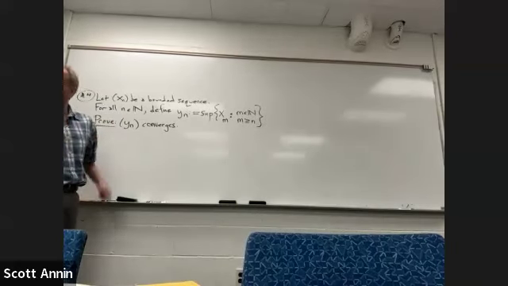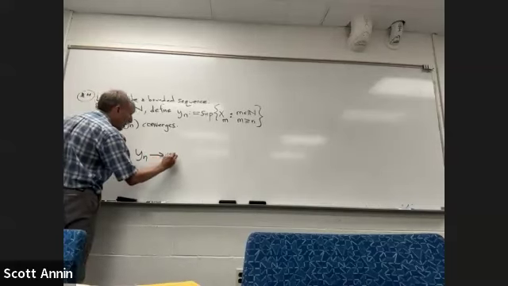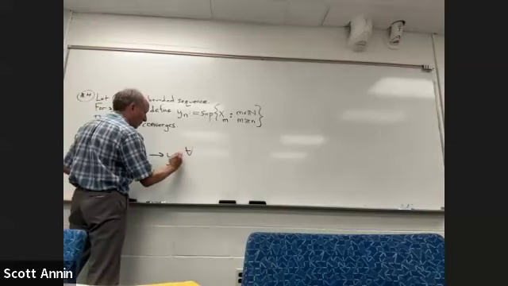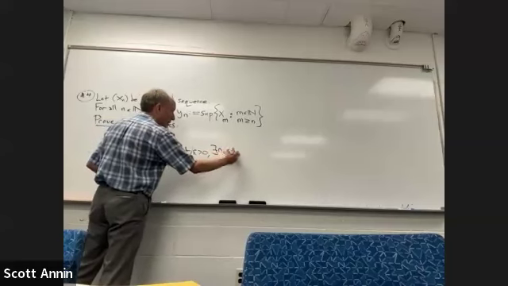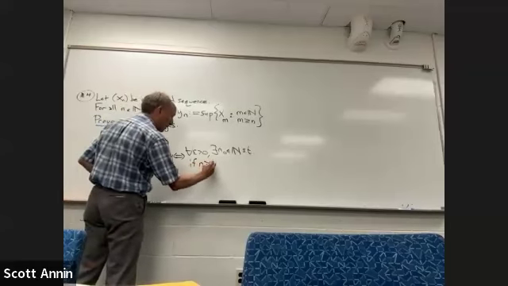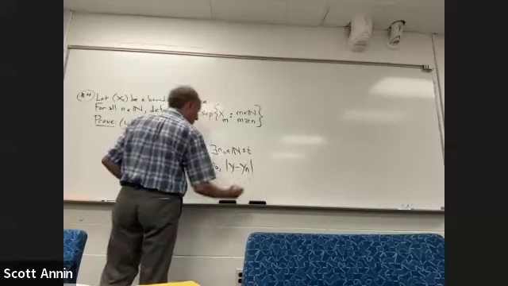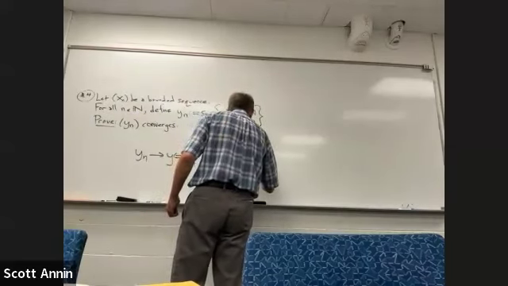If we don't know what something converges to, by the way, then I can't really use the definition. Because the definition is, for all epsilon greater than 0, there exists an n_0 in the natural numbers such that if n is greater than or equal to n_0, then |y_n − y| < epsilon.